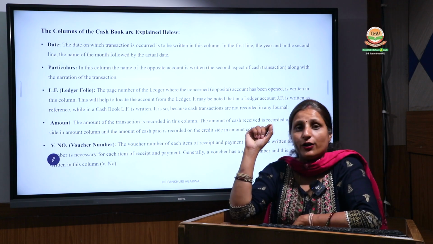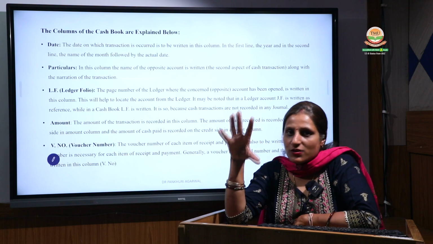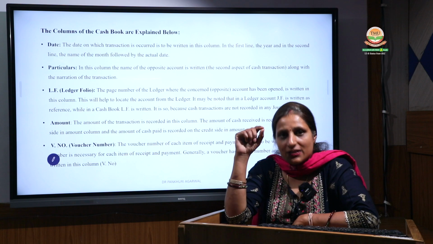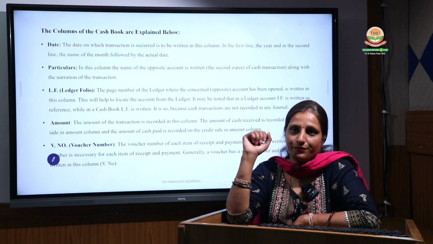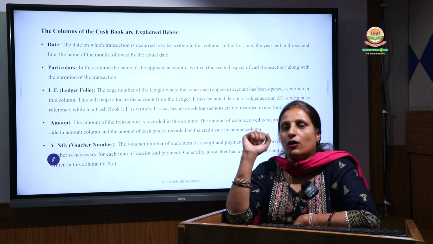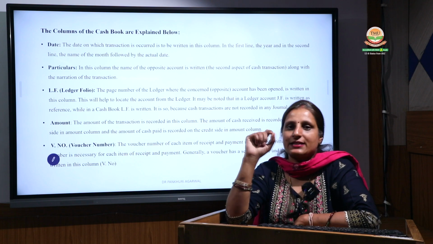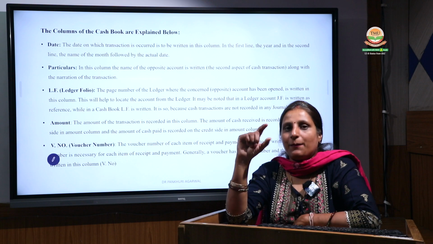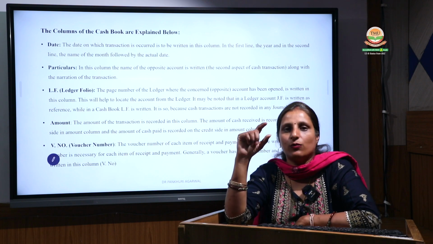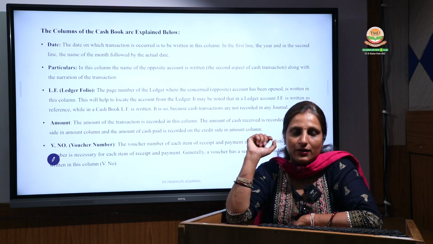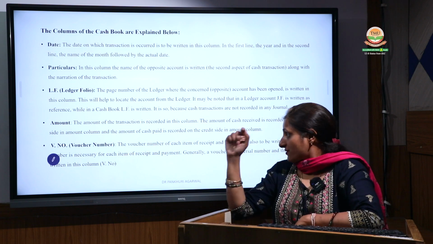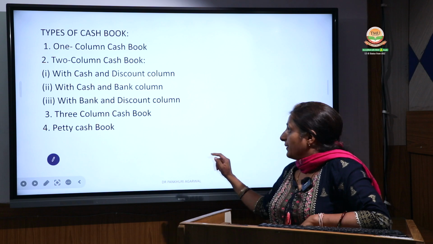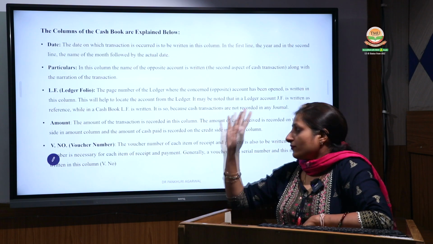So, ledger folio now. When I post the entries in my cash book, first is the V number. V number means voucher number. In the organization, when you do any purchase and sale in the form of cash or any transactions, you receive a particular voucher or particular written verification. That written verification means the voucher number, a serial number, and this number is in this column.